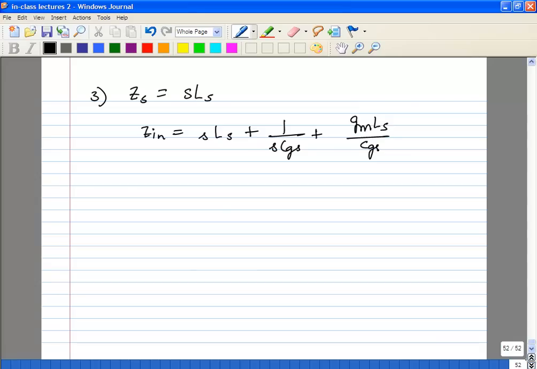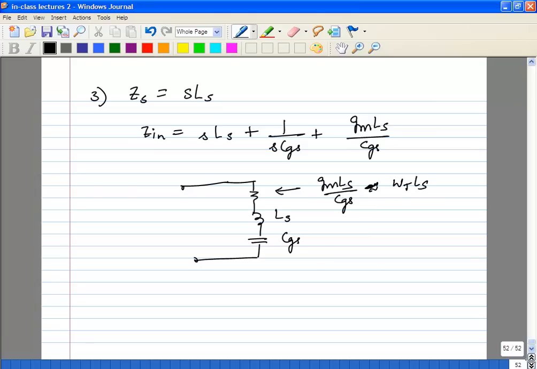So if you had to draw an equivalent circuit, capacitance is the same, inductance is the same, but the nice thing is you get a positive resistive term, and this is nothing but omega t times Ls, and this is what you want. Why? Because without adding a real resistor, you're actually getting a resistive component, which means you can match to 50 ohms without adding any noise. Those are the two things you wanted to do.